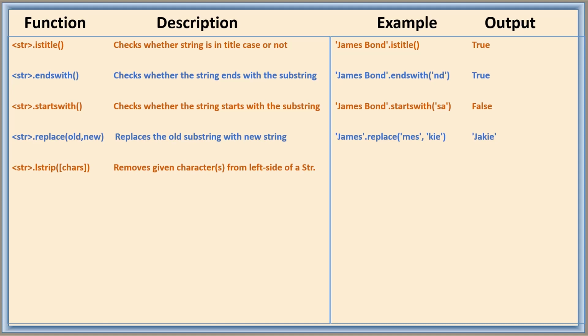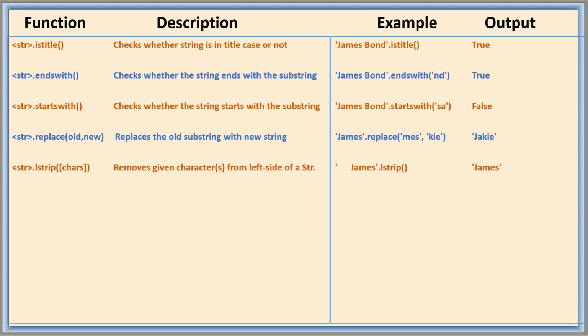It will remove the given character or substring from the left side of a string. When I don't give the character, it will remove the white space. The character is optional. When I demonstrate, I will show that with the character. Now I have given space here, for example. So the white space before James is removed, because it is lstrip.